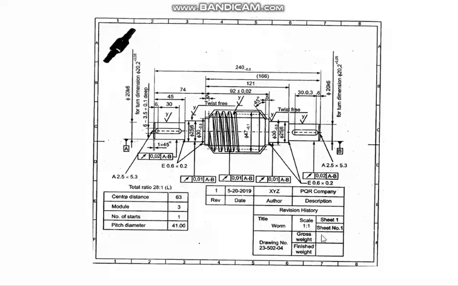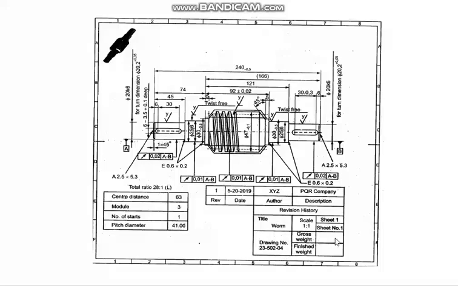Here the sheet numbers are given, and the revision history. You see revision 1, the date on which this is plotted, who is the author, what is the description, and what is the company. Here the title is worm, the scale is given, the sheet number is given, and the drawing number is given here, gross weight.